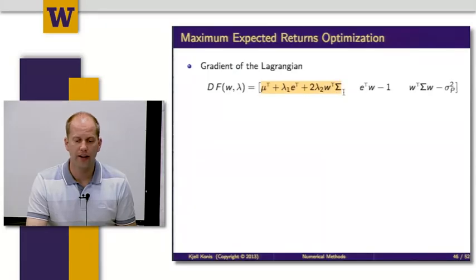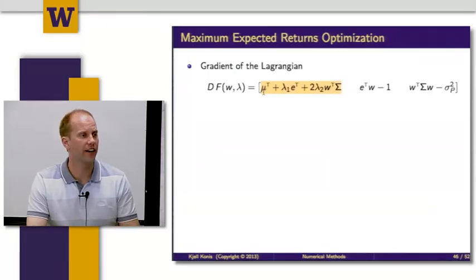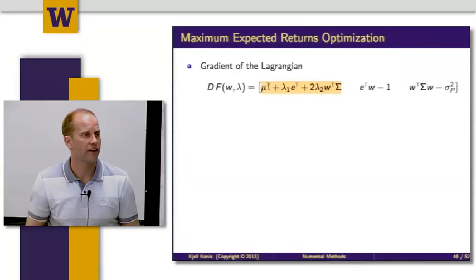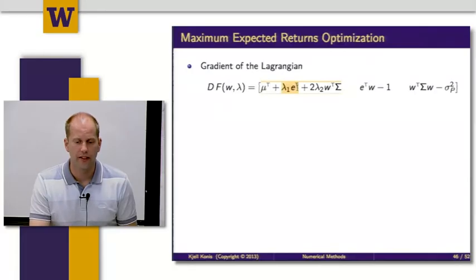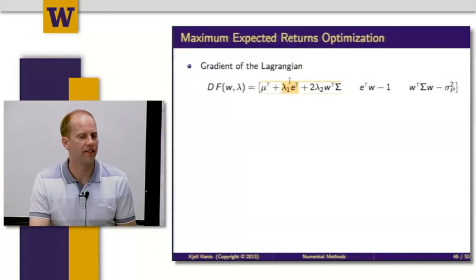So what is the dimension of this? Well, mu is a vector of expected returns, and there's one expected return for each asset. So mu transpose is just going to be a row vector of n elements. Then lambda 1 is a scalar value.